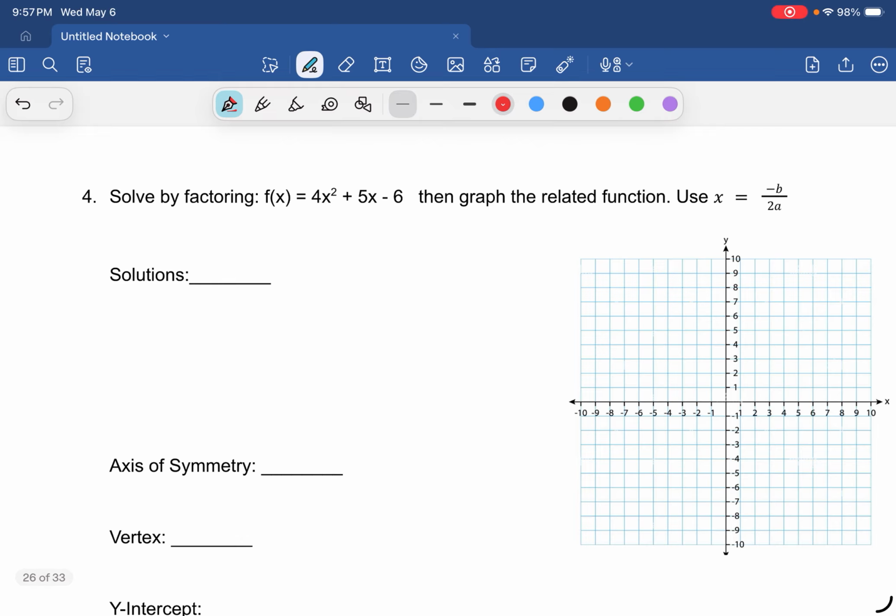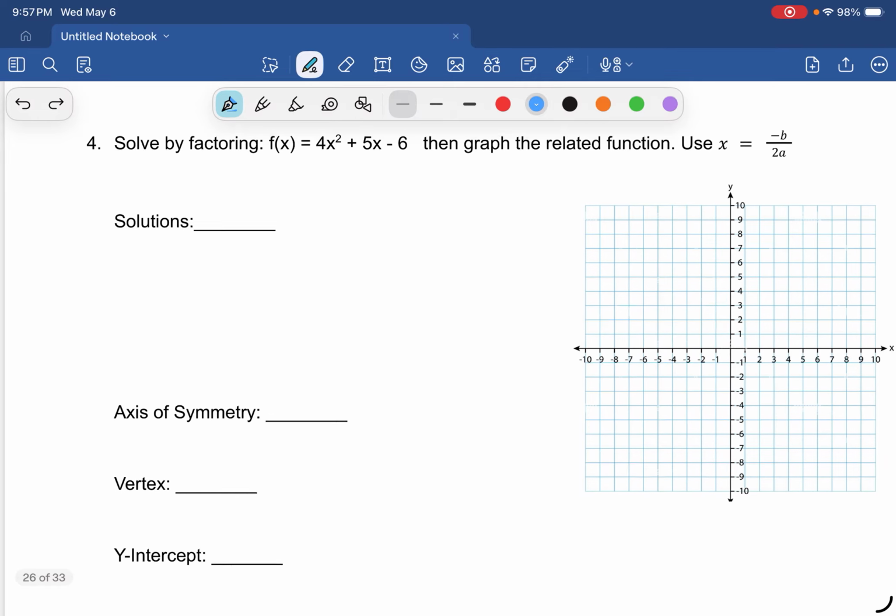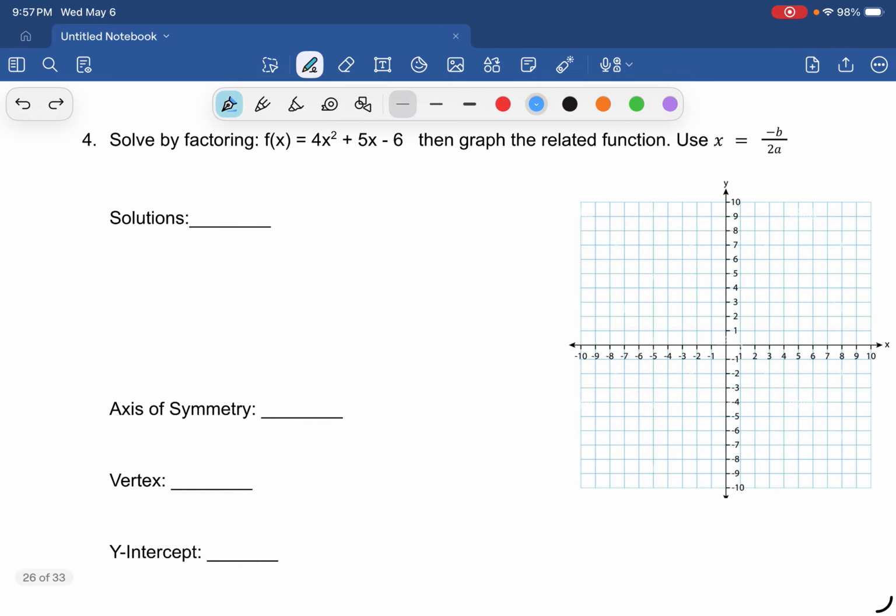All right, here's our next problem. Again, this is all the same. So as we're looking at this, my solutions are doing number 2, factoring and solving, and those other things at the bottom are what we already did. Just to be a little bit different, let's do the axis of symmetry and vertex first.